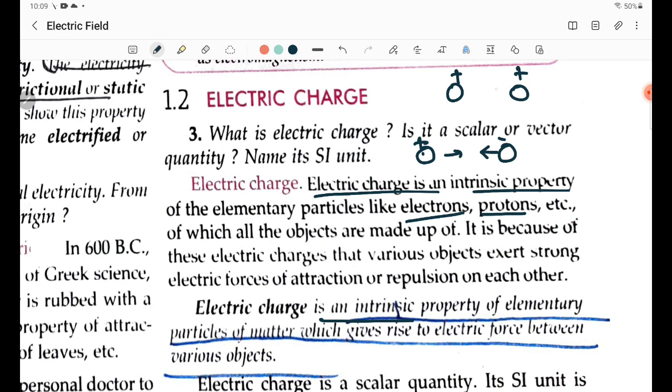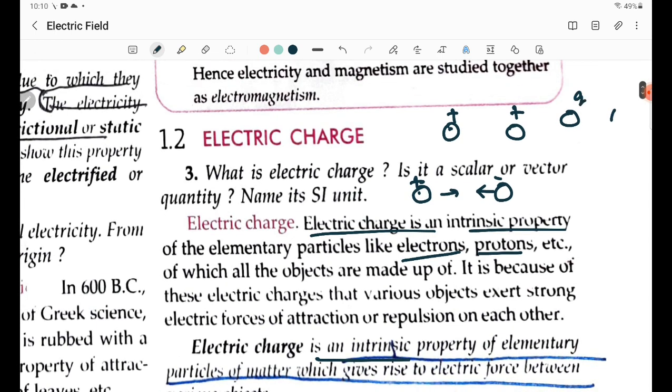This I will tell you in the later course of the chapter, but for simplicity, if there is one electric charge, whatever it may be, I am denoting it by Q. There is another electric charge.